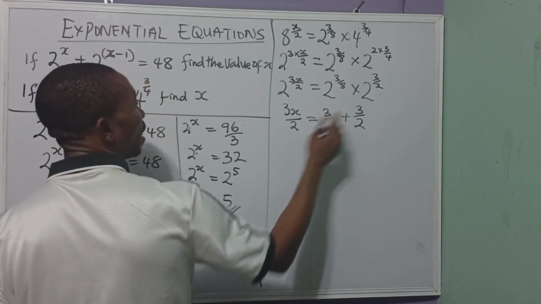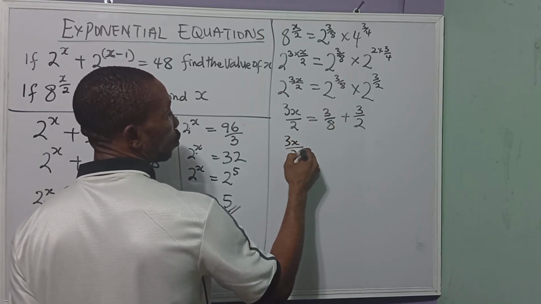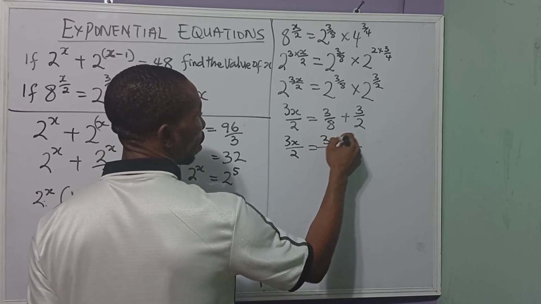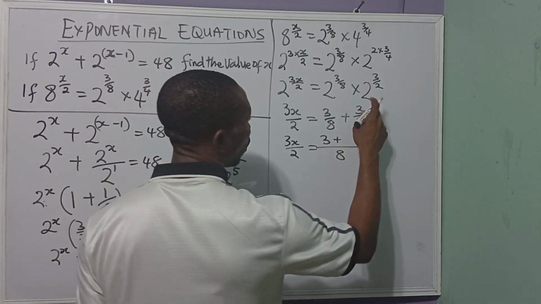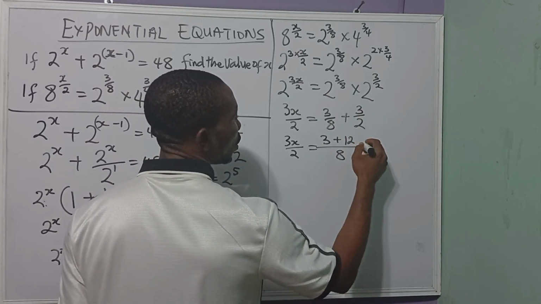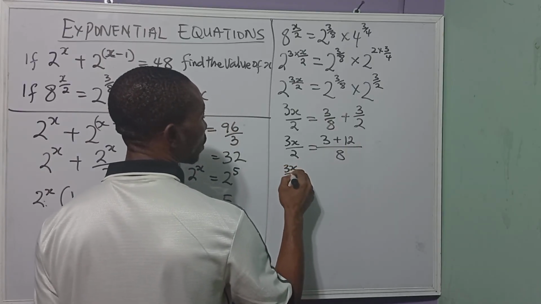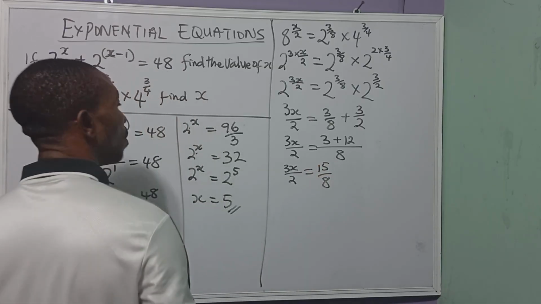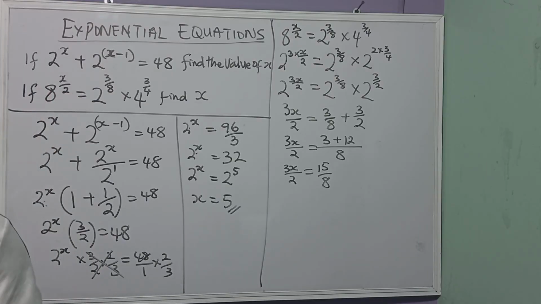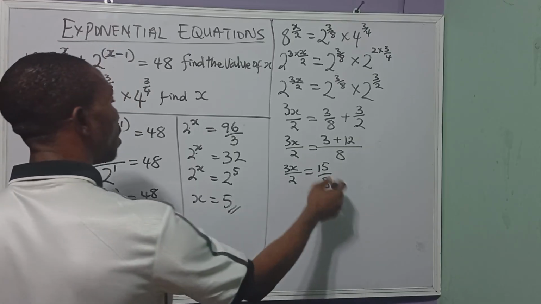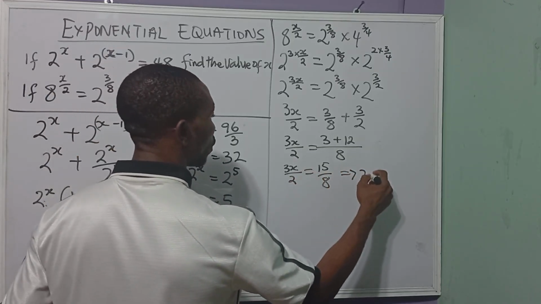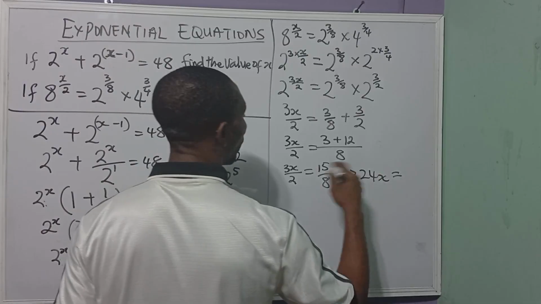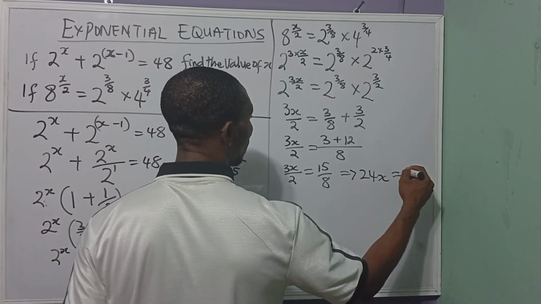Having our LCM as 8, this gives us 3x over 2 equals 3 plus 4 times 3, 12, so 3x over 2 equals 15 over 8. Now we can cross multiply: 3 times 8 gives us 24x equals 15 times 2, which gives us 30.